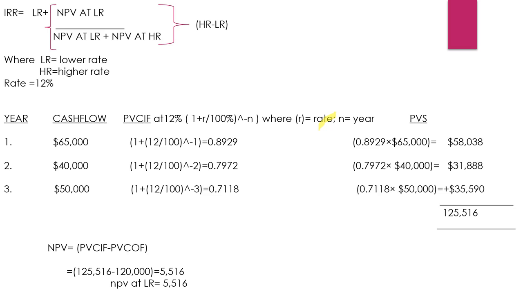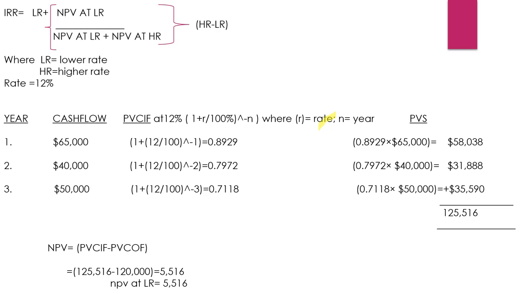And in the third year, the cash flow given is $50,000. So to get the present value of cash flow at 12%, open a bracket 1 plus another bracket 12 over 100. You close the bracket and you raise it to -3. Why is it -3?